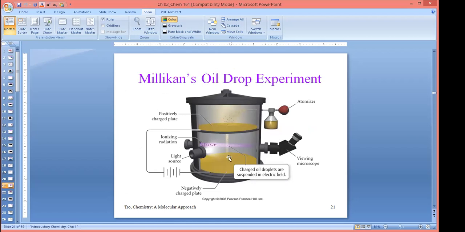This is Millikan's famous experiment. Again, you need the Industrial Revolution, but you've got a way to view it. You've got a way to put a sample into ions and spray it real fine, like a squirt bottle, as a mist. Then you can have your light source. Here are your plates. You can get tiny drops falling through a tiny little pinhole.